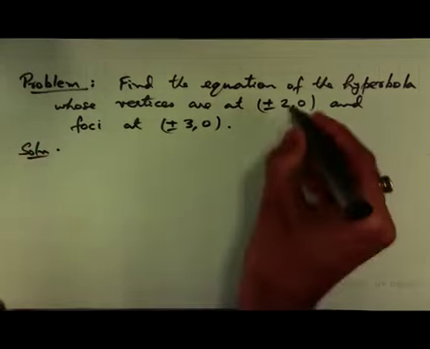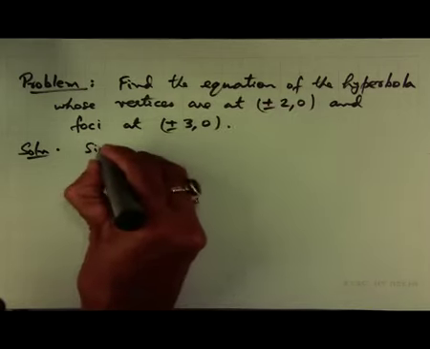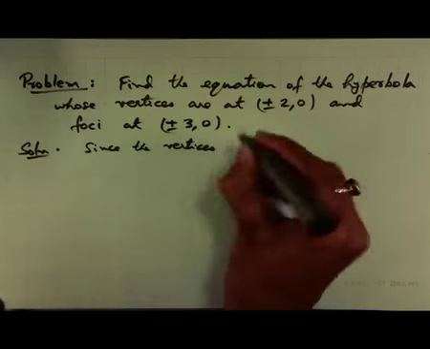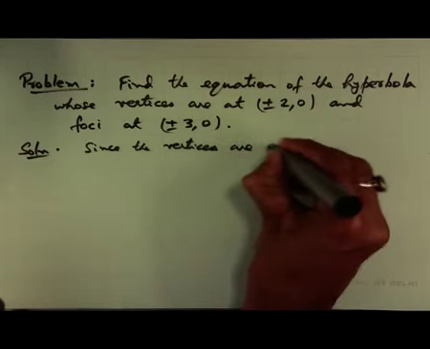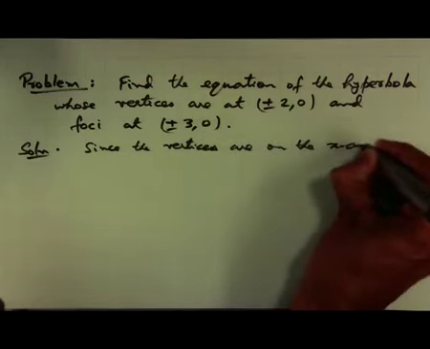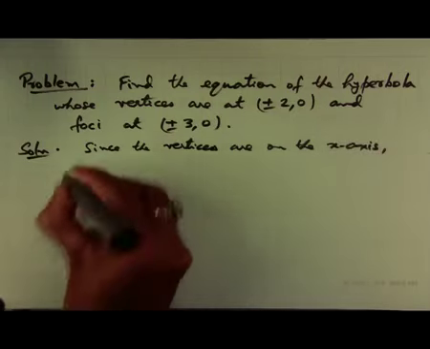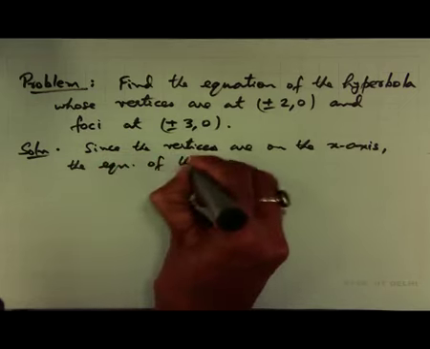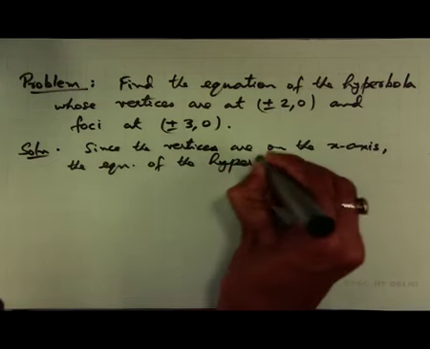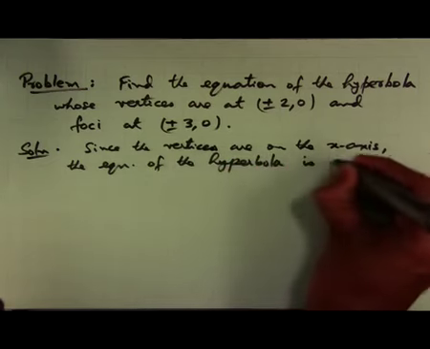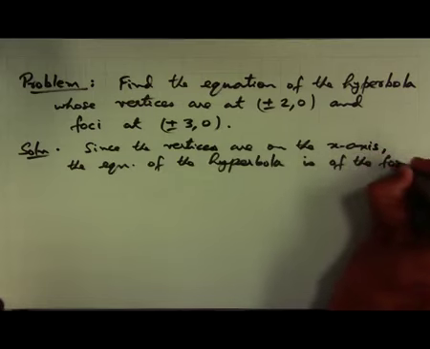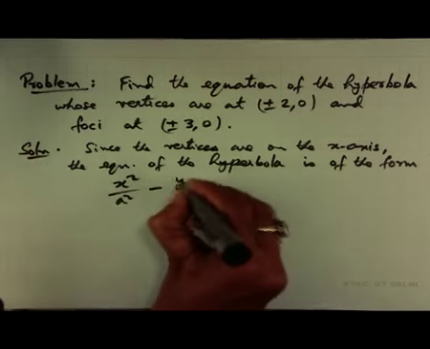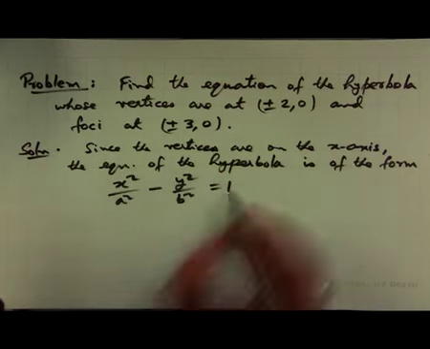So, since the vertices are on the x axis, the equation of the hyperbola is of the form x square by a square minus y square by b square equal to 1.